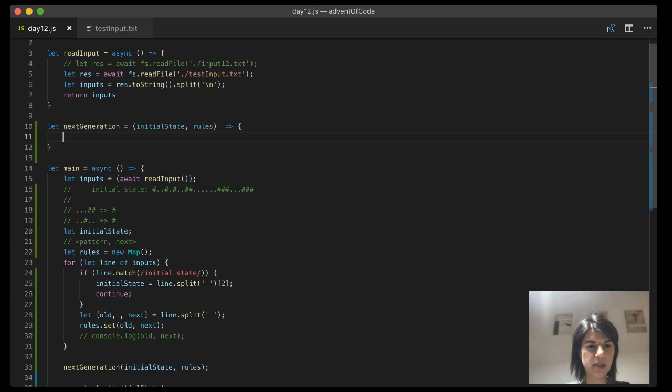Oh, I would be interested. You said you solved it with Node 10. Are there any cool ESNext features that you were using or that you were discovering while you were solving the puzzle? Anything you want to share?